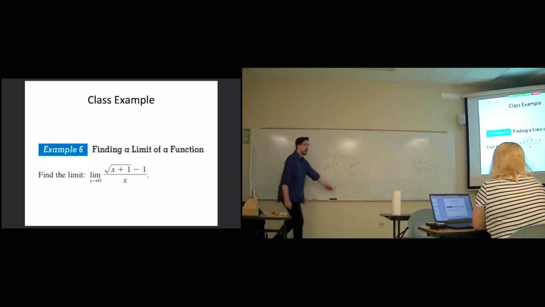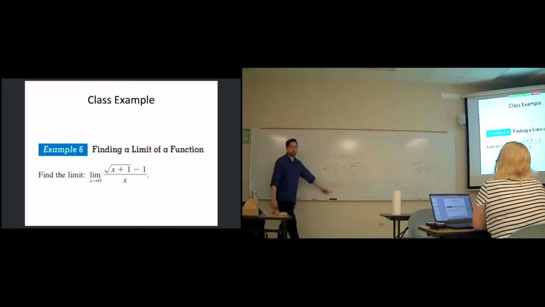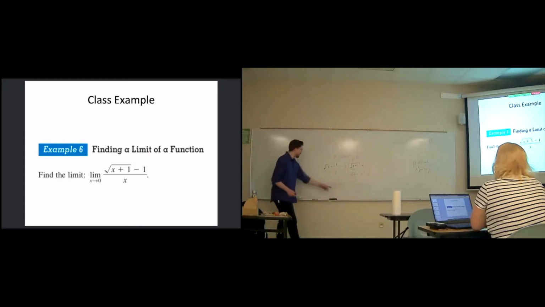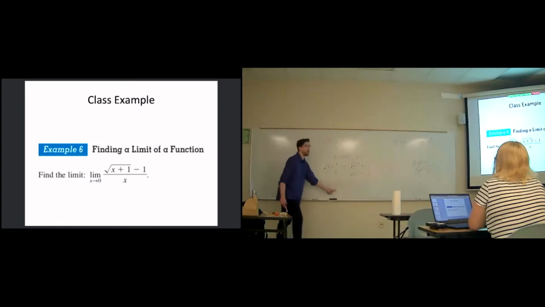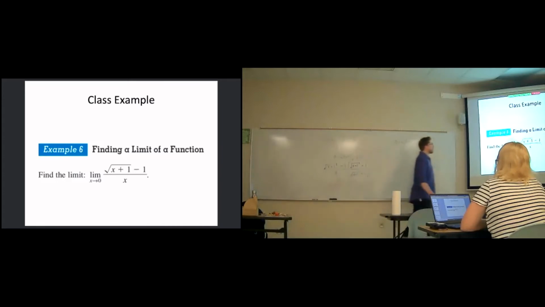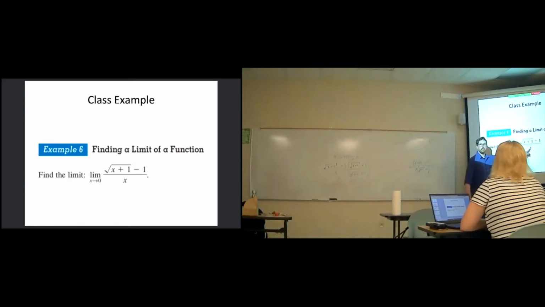And this, I can take and apply the limit to. The reason why we can apply the limit to this directly is because we're no longer going to be dividing by 0.